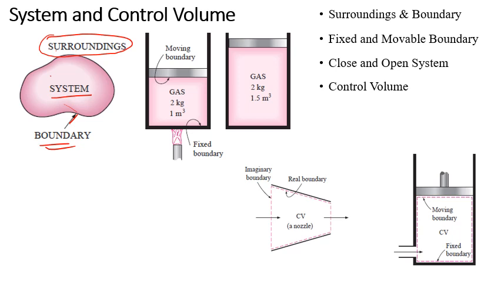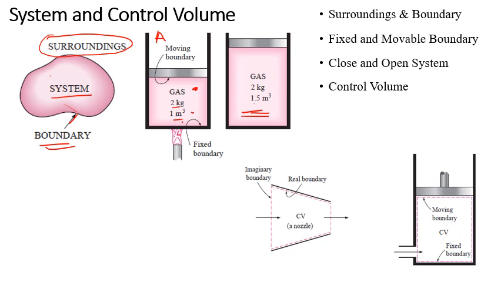Now we have the fixed and movable boundaries, as we can see in this piston case. This is situation A, in which 2 kg of gas is present and the volume is 1 meter cube, and you are heating it. Due to heating, the temperature inside increases, and that will result in an increase in volume, as can be seen in this diagram.